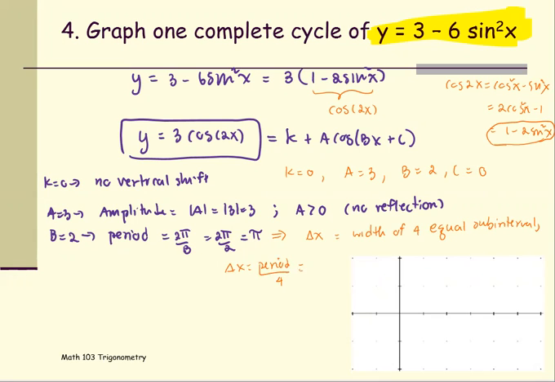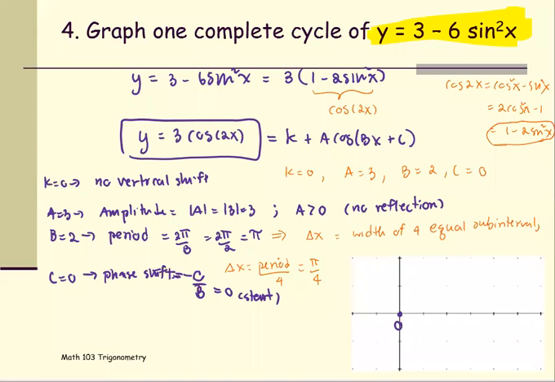In this case, the period is pi, divided by 4. Therefore, we're going to have the increment pi over 4. The value c equals 0. The c tells us about the phase shift, or the beginning point of the cycle. The formula we use is negative c over b. Since c is 0, the phase shift equals 0. So we're going to start at the point 0.